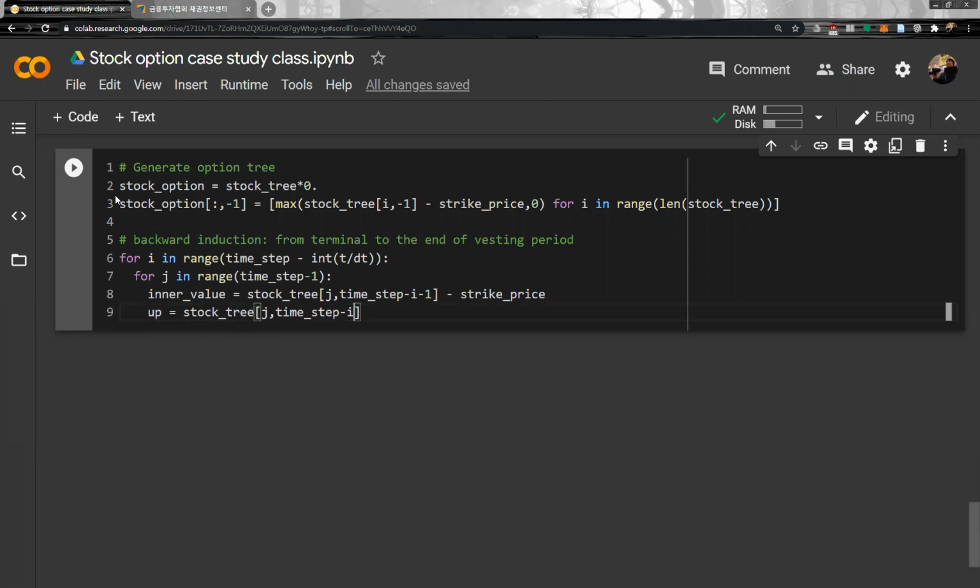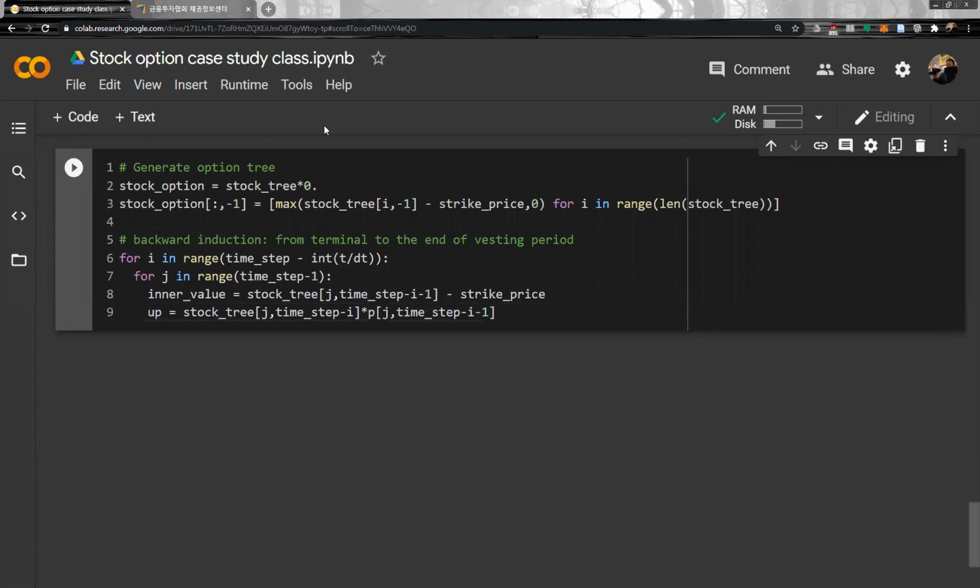And then, of course, we have to multiply by the probability of going up at this period, so P, at the node.